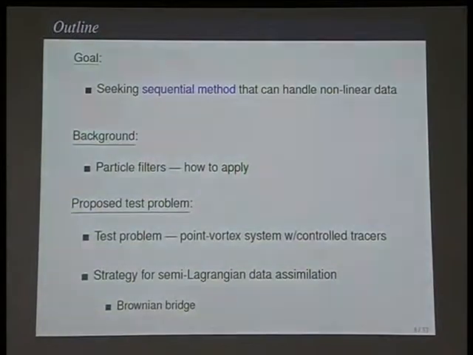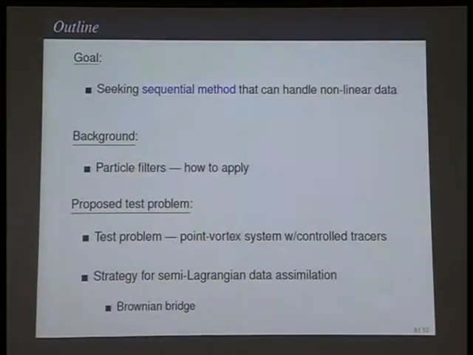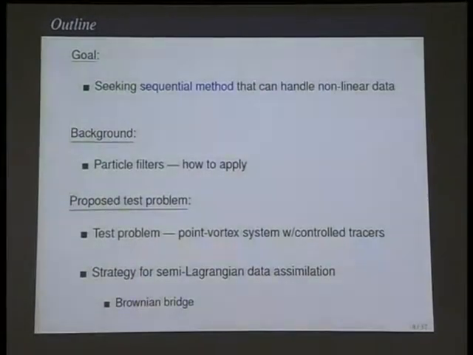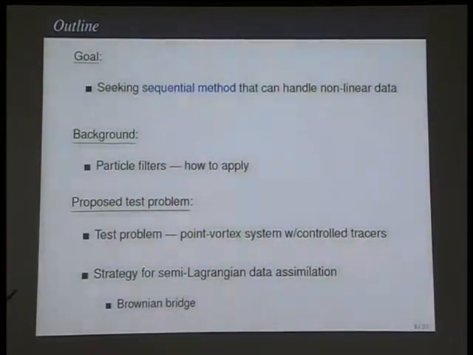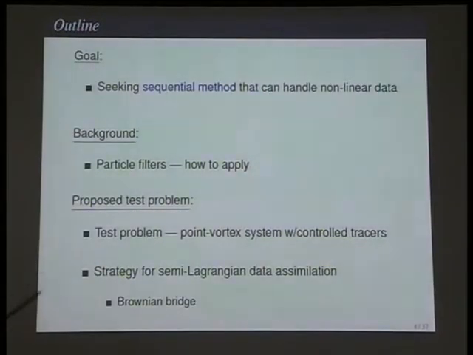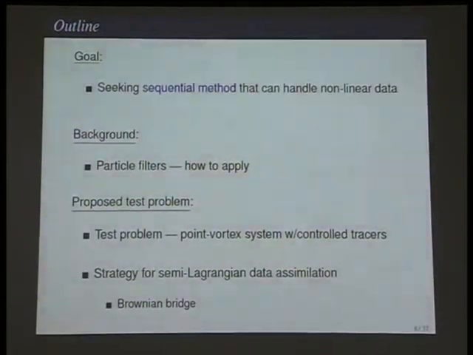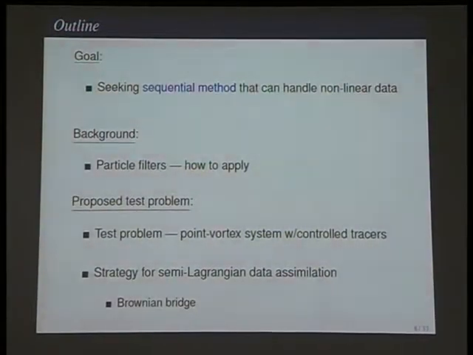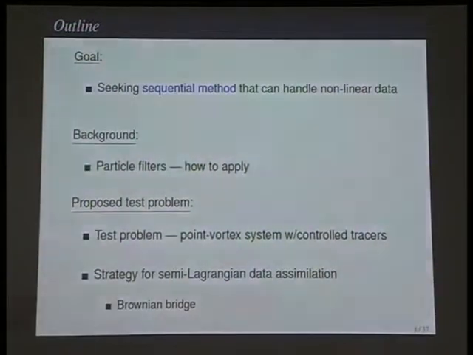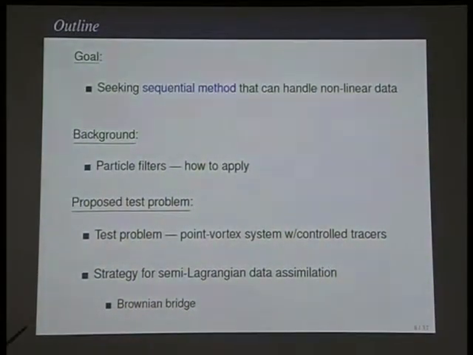So I'll spend some time going over particle filters again. I know many of you have just seen me talk about this, but if it's new to you, it certainly doesn't hurt to see it again. And then I'll talk about what I'm proposing, and really what I'm proposing is both a test problem and a potential method, neither of which I think I've really ironed out quite yet, but it's a first go at it.